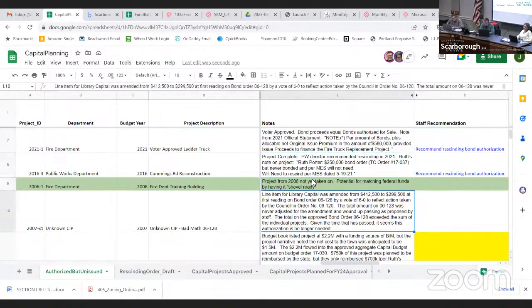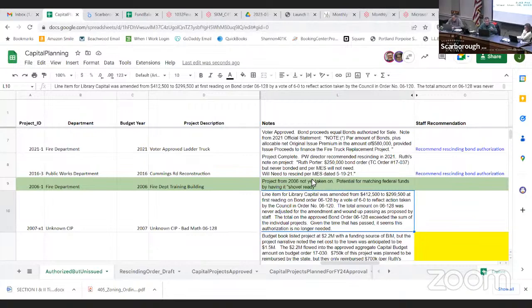Another one that I think is easy, in 2006, there was a motion during the bond order meeting to amend one of the library authorizations. That was reflected on the bond order, but the total at the bottom of the bond order never changed. And that's what was approved. So there's no project tied to this.